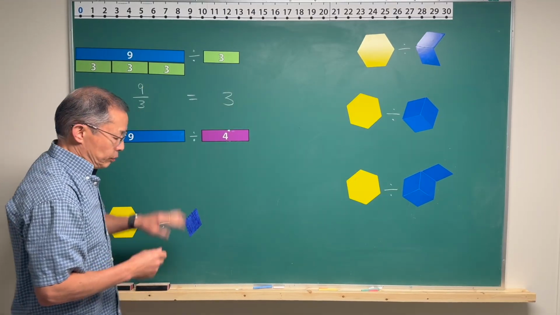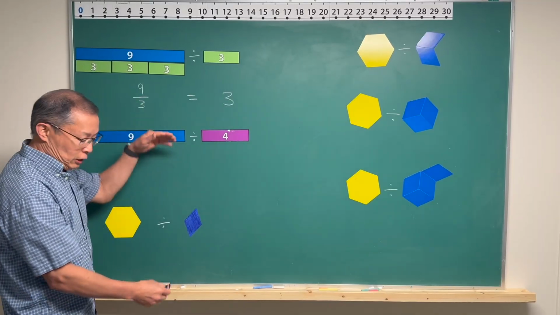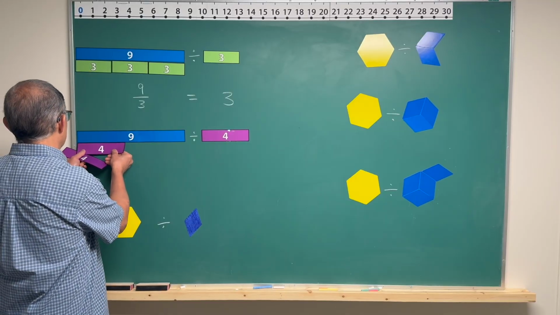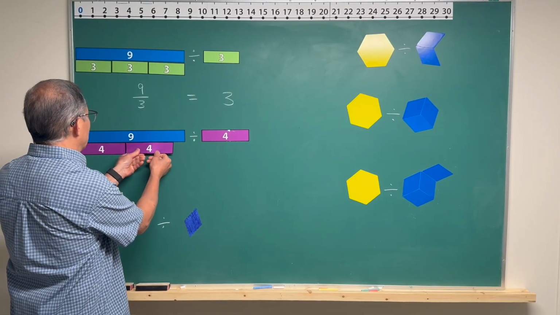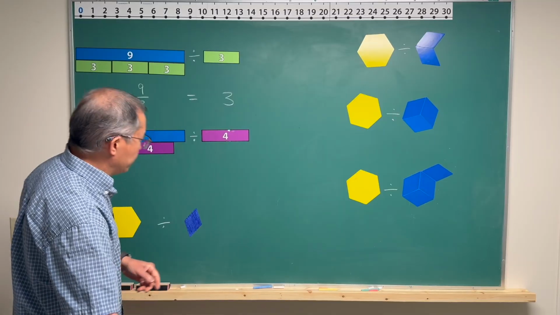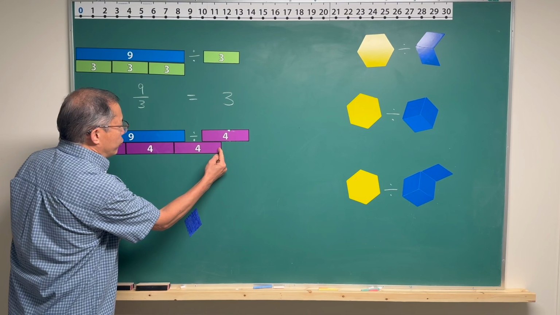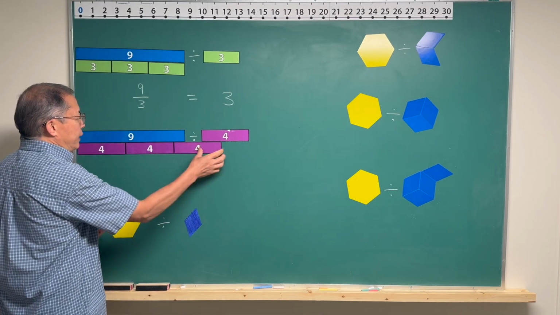There's no remainders. 9 divided by 4, now we're getting a little bit more abstract. We have a 4. It can be taken out once. It can be taken out twice. And then when we go to take it out the third time, we realize, oh, wait a minute, the whole thing doesn't fit in. About 1/4, 1/4 of the 4 can be taken out.